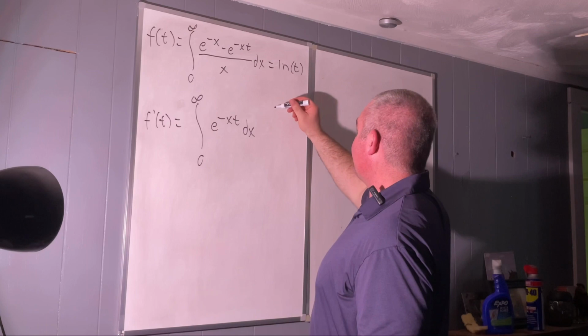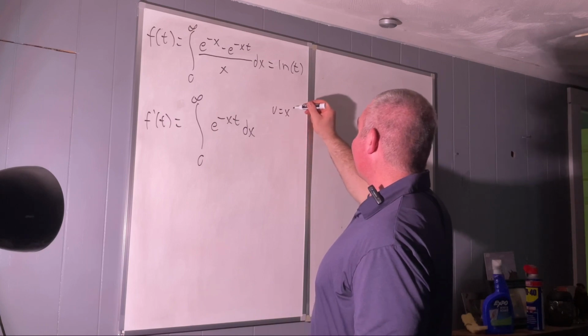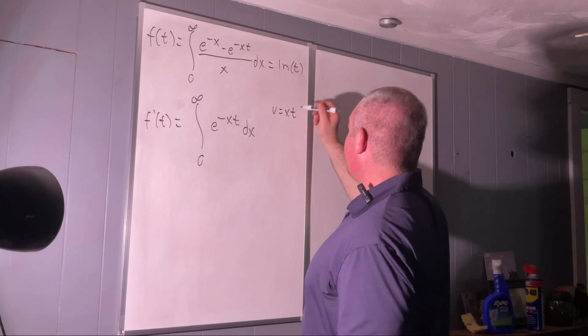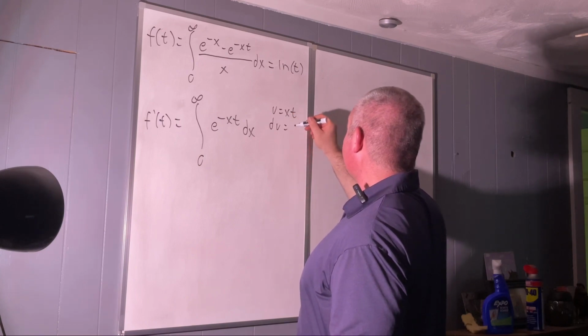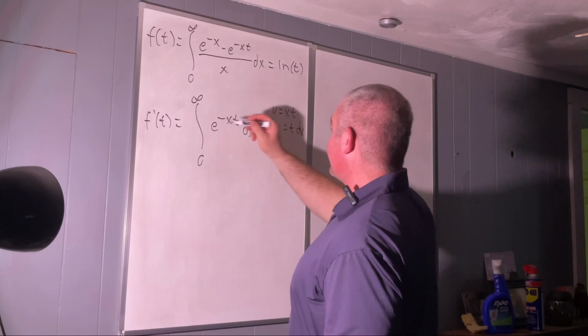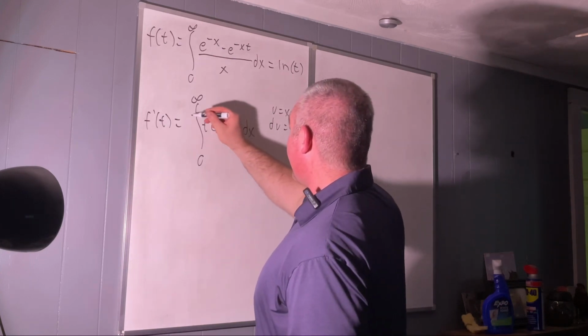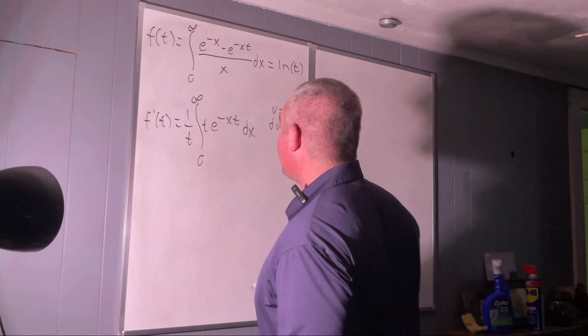We will let u equal xt, therefore du is equal to t dx, so we'll put in a t there and a 1 over t.